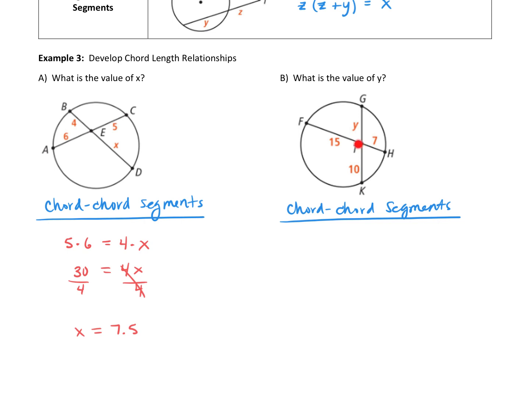See how we are multiplying portions of the same chord together. So it's 15 times 7 equals y times 10. All right, so 15 times 7, that gives us 105, is equal to 10y, and then we will divide both sides by 10, and we get y is equal to 10.5.